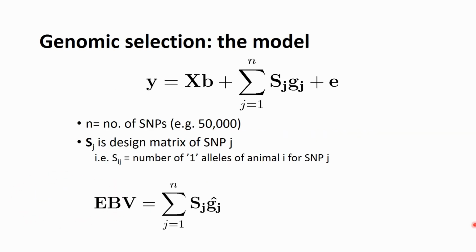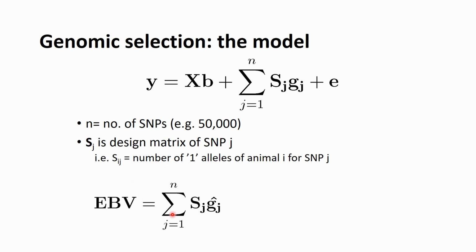Of course, genomic selection is also supported by sophisticated models, and we have something similar as before. We have, again, the phenotypes, so the phenotype records. We could have other effects, but this part is the most important one, and these are the sum of the SNP effects.